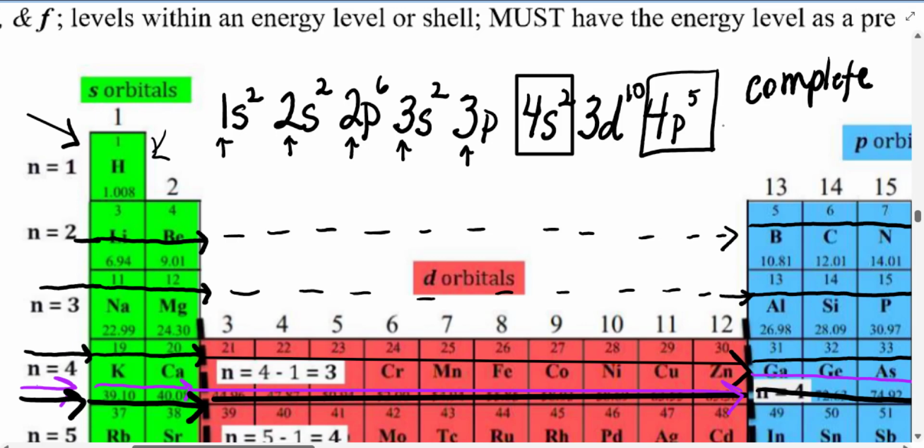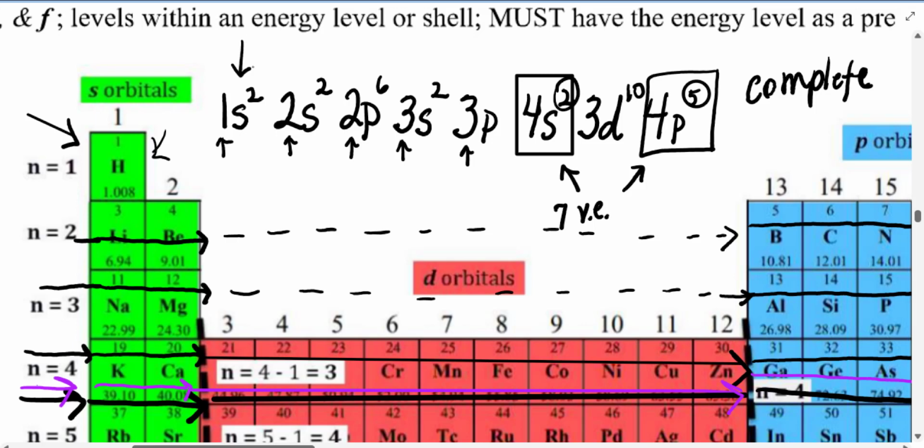Your valence electrons are always in the s and p, never in the d or the f. So these guys are valence electrons, and you have 2 plus 5, so you have 7 valence electrons.